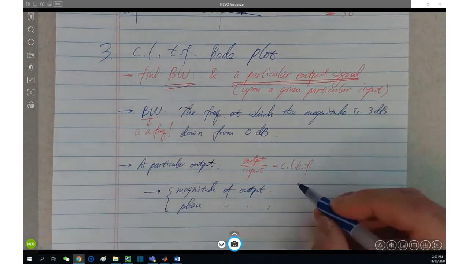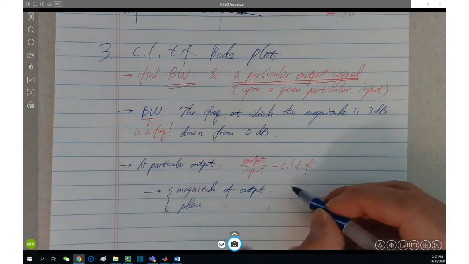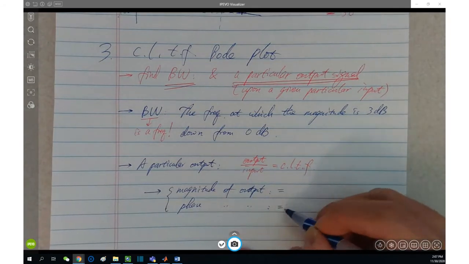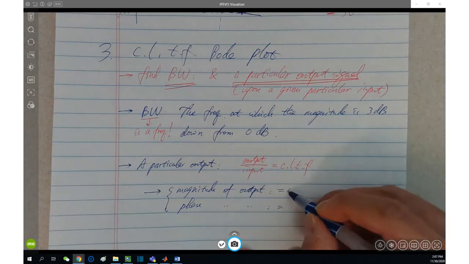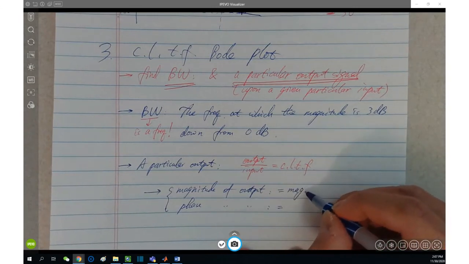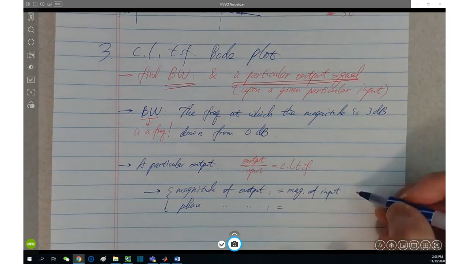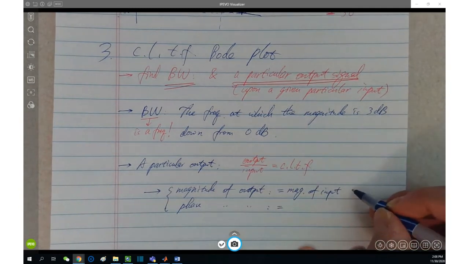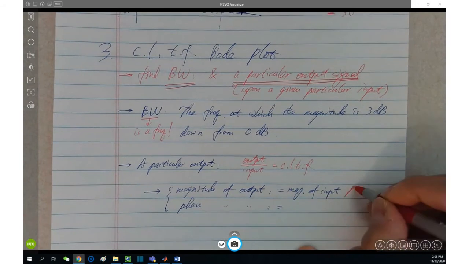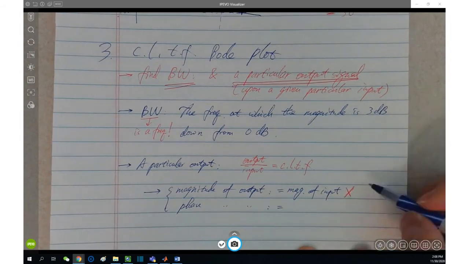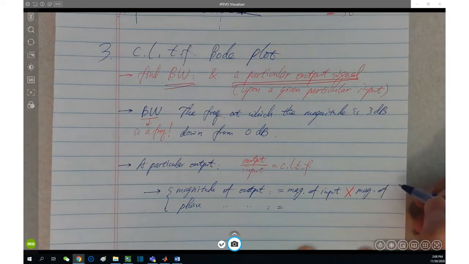So the magnitude of the output equals what? Magnitude of input times magnitude of closed loop transfer function.